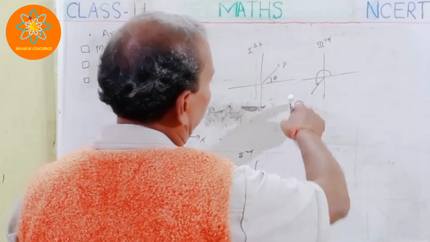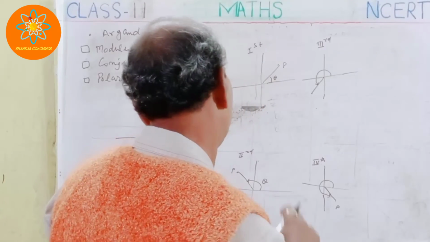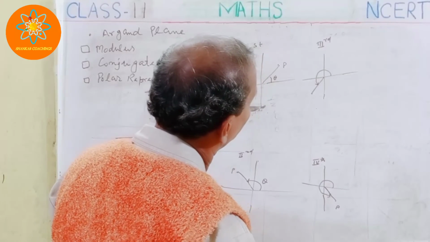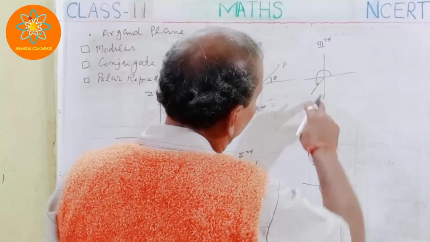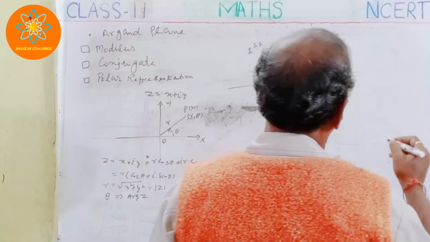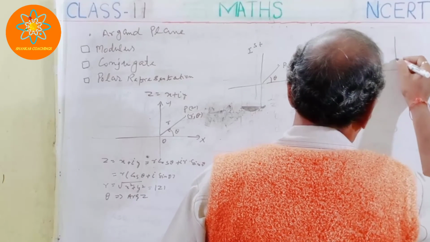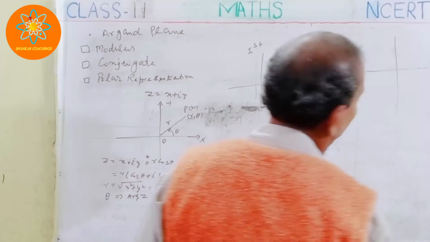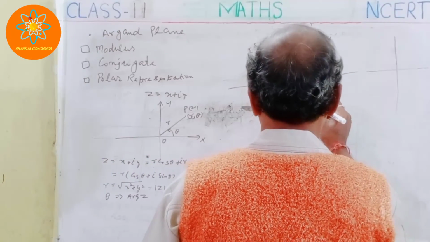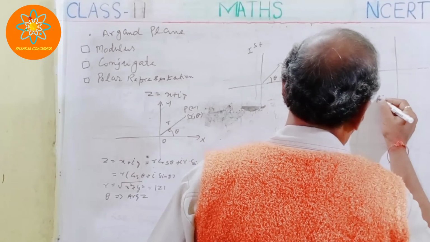So for the first coordinate, in both cases the theta is the same. But for 0 and 2 pi, the third coordinate is like this, and the fourth coordinate is like this. And for minus pi to pi, when this is in the third coordinate, it means this point P is somewhere here.